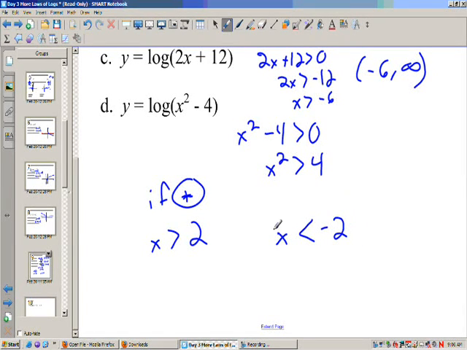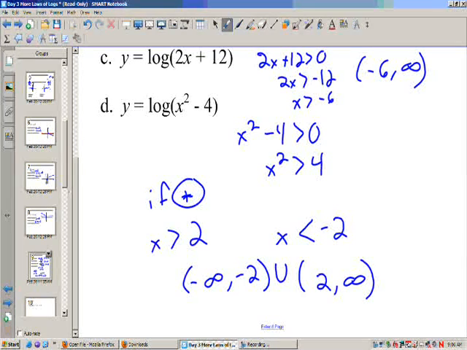So our domain has two things. X goes from -infinity all the way up to -2, and then we'll have that union with 2 to infinity. Now if you take a second, I would graph this function, log of x squared minus 4, and just get an idea of what this looks like.